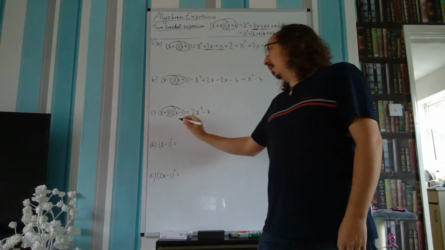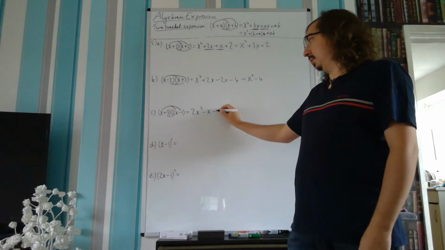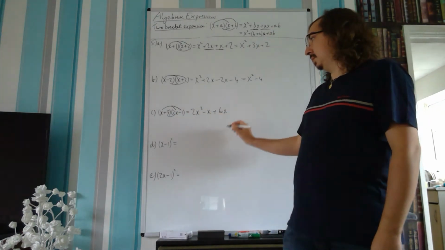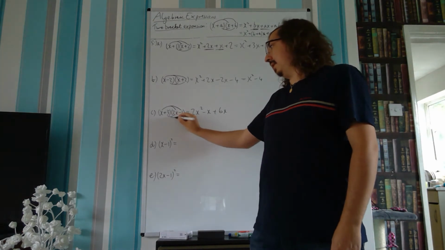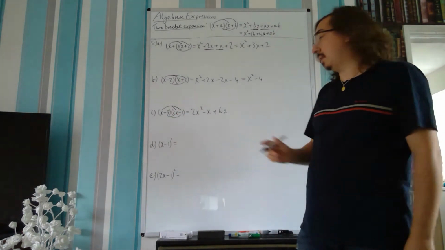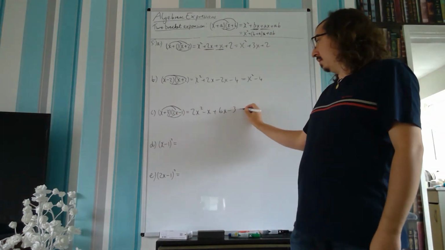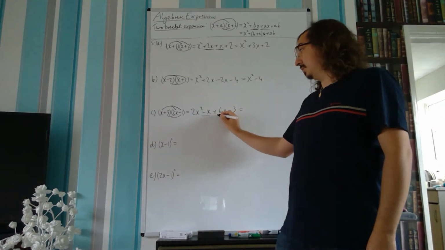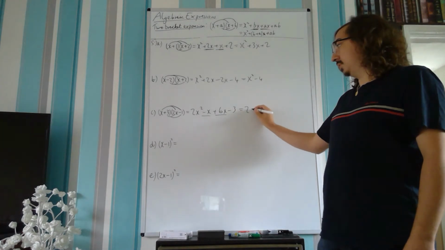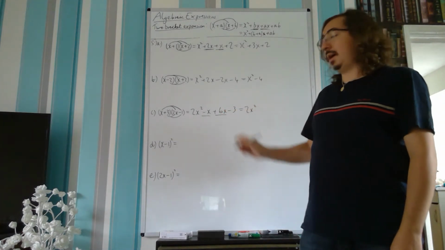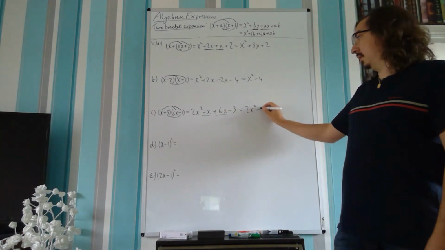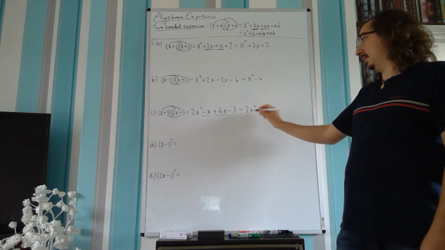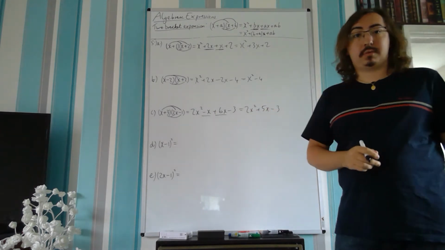The inner, plus 3 times 2x, which is plus 6x. And then the last terms, plus 3 times minus 1, minus 3. If we collect our like terms together, we have 2x squared minus x plus 6x is plus 5x, minus 3 at the end.